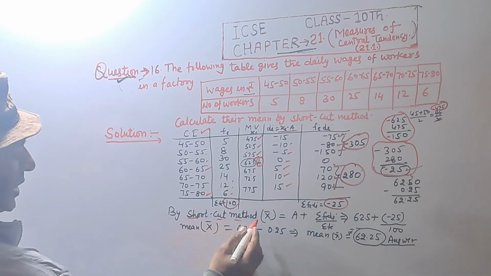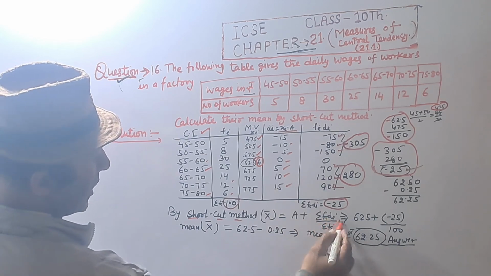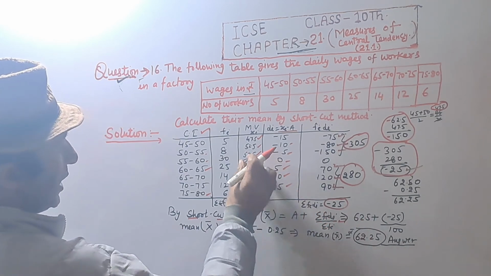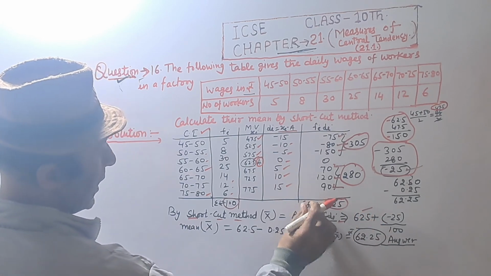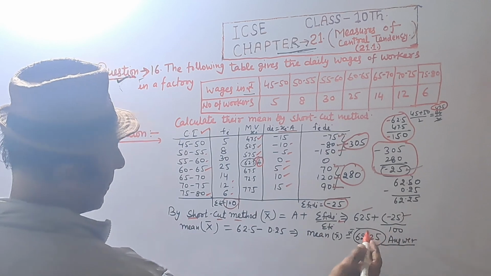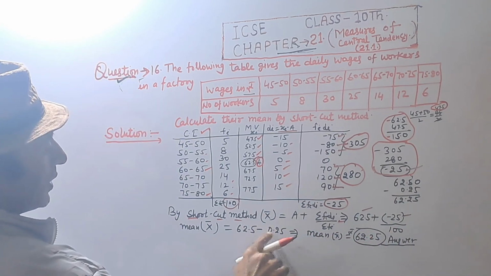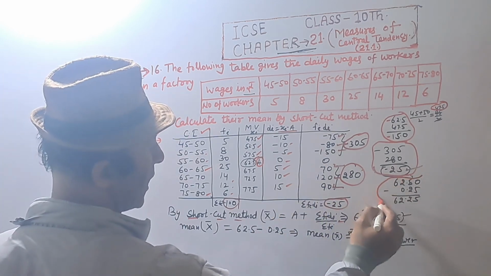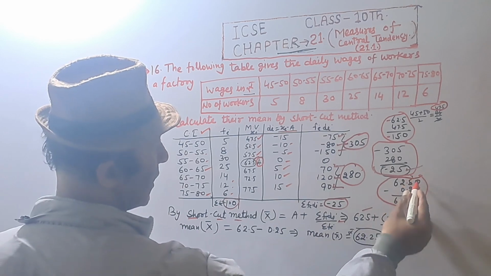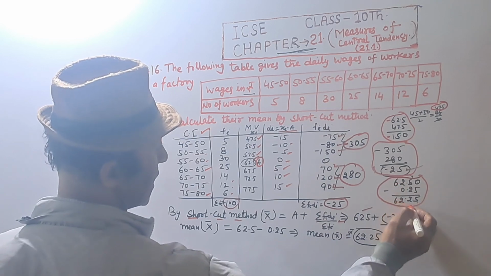So by shortcut method, mean x dash equal to a plus summation fi di upon summation fi. Assumed mean is 62.5 plus fi di, minus 25 upon 100, that is equal to negative 0.25, and 62.50 minus 0.25 is 62.25.